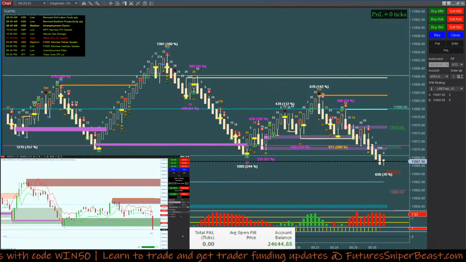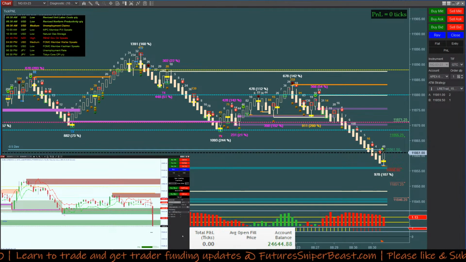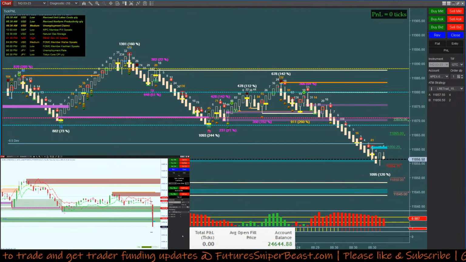Trap orders with exhaustion box on YM. Potential OP rejection on NQ.